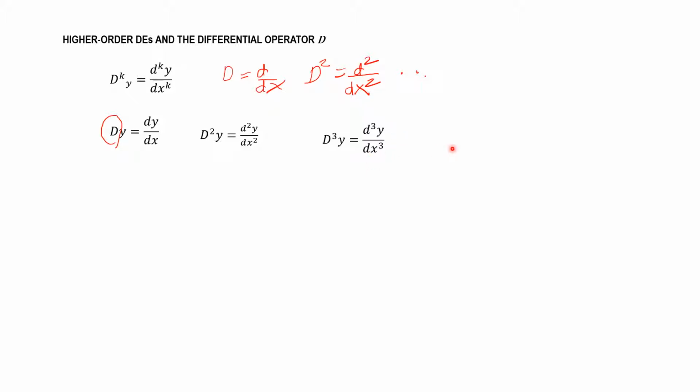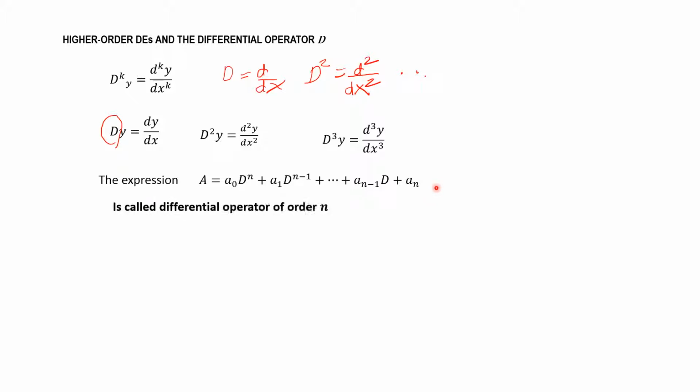Now let us have the expression A equals a sub 0 D^n plus a1 D^(n-1) plus and so on, a_(n-1) D plus a_n. This is called the differential operator of order n. Remember the meaning of D: D^n is the nth derivative with respect to x.